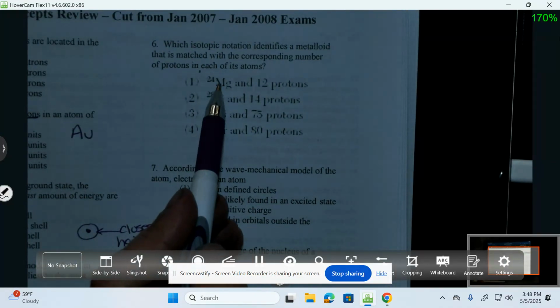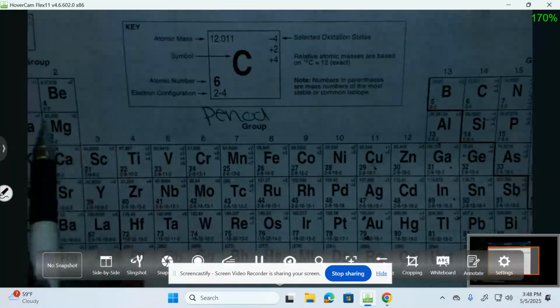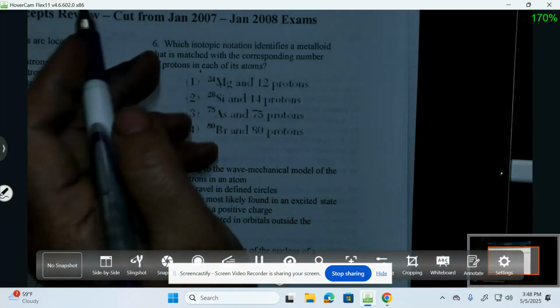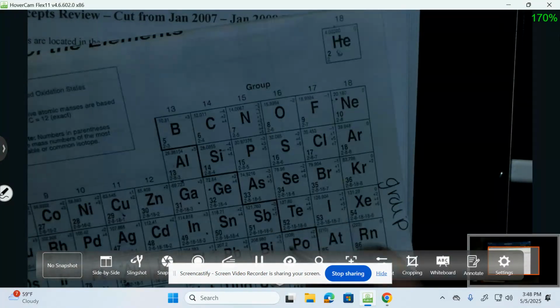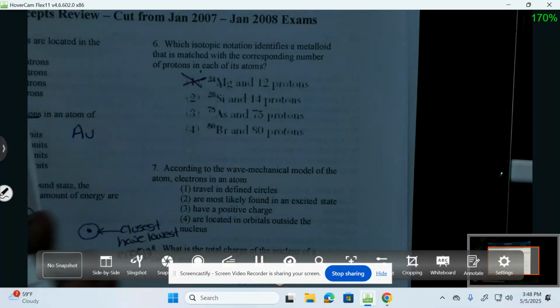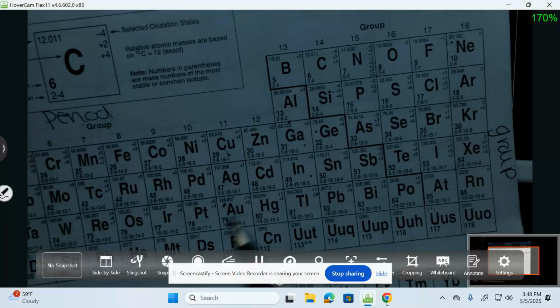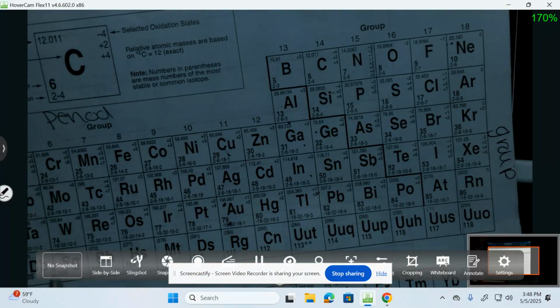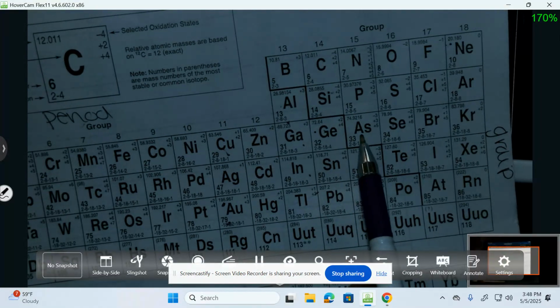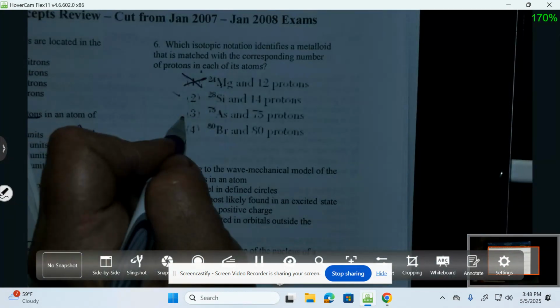So let's find one of those. Magnesium is not one of those because that's all the way over here. So magnesium's out. Silicon is on the staircase, so that's got potential. As is on the staircase, so he's got potential.